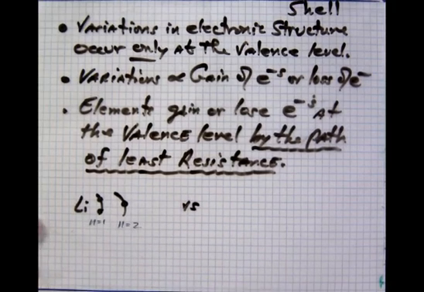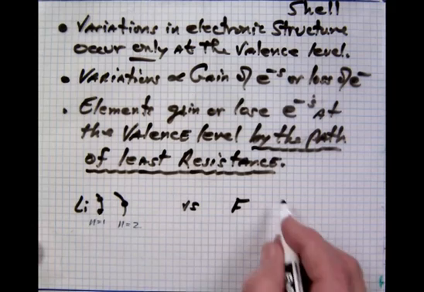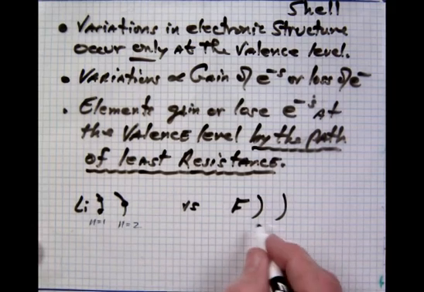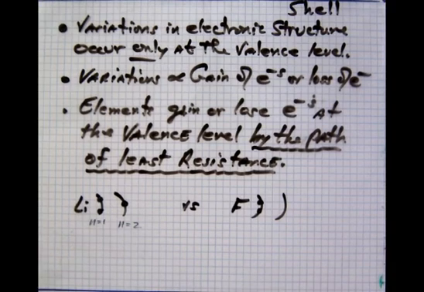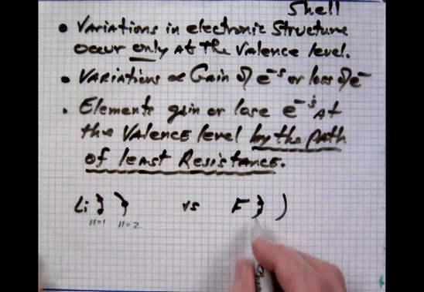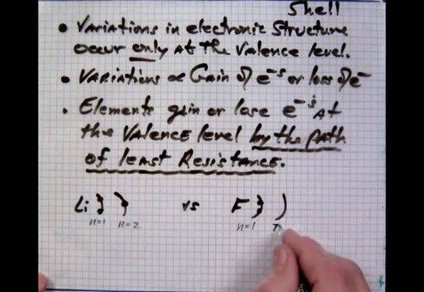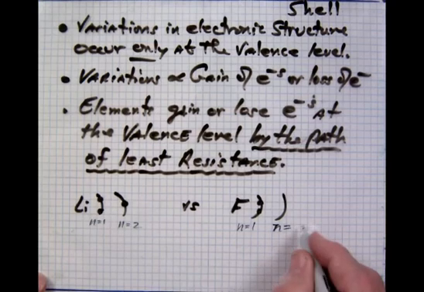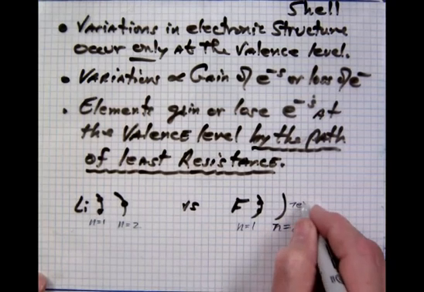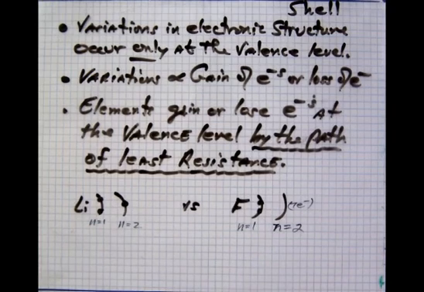Versus, say, fluorine. Fluorine also has 2 rings around it, but it has 2 electrons in n equals 1 and 7 electrons in n equals 2.